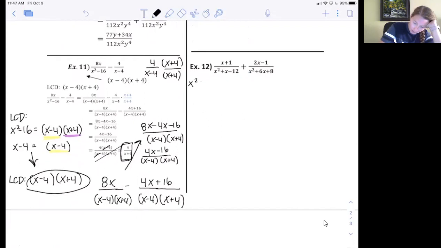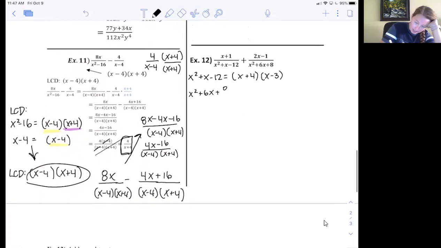So x squared plus x minus 12, I can factor that to be x plus 4, x minus 3, and then this x squared plus 6x plus 8, I can factor that to be x plus 2, x plus 4. So I see, what do they have in common? They have an x plus 4 and an x plus 4 in common.